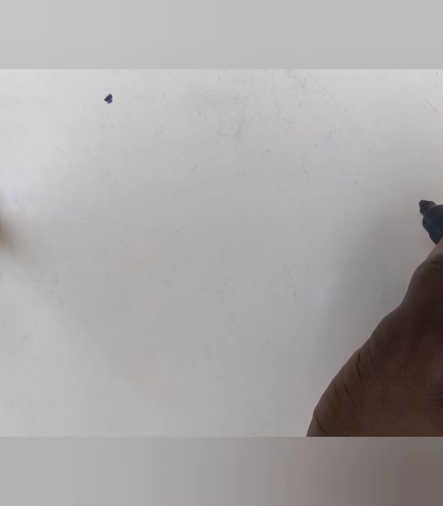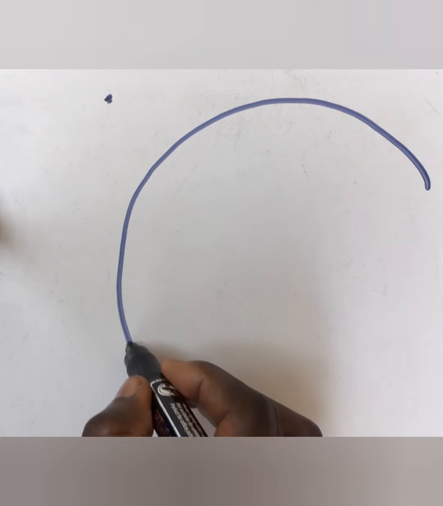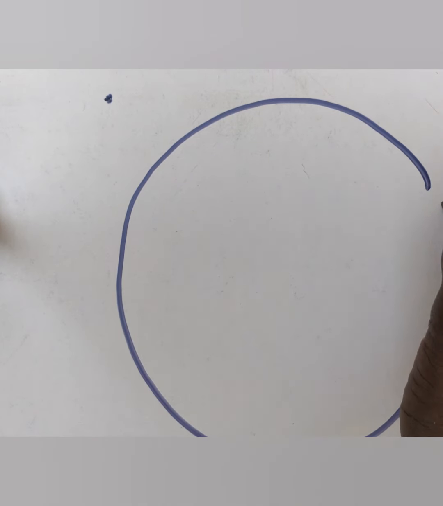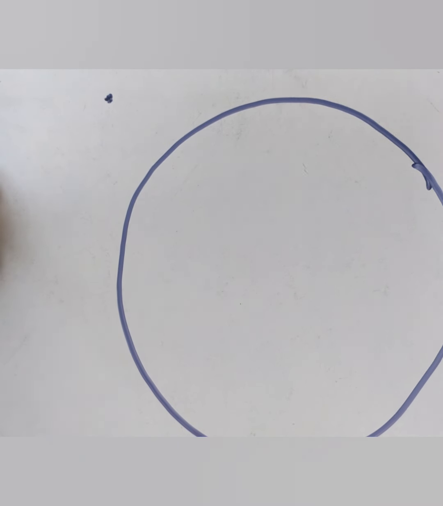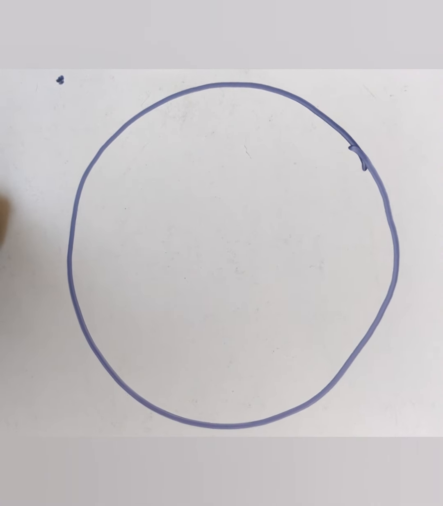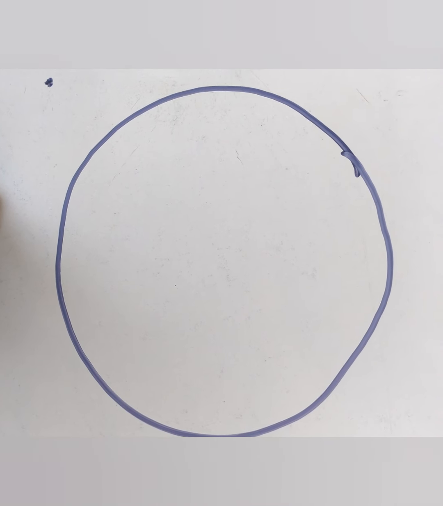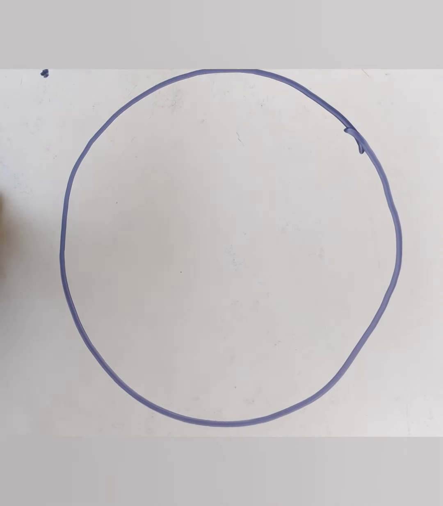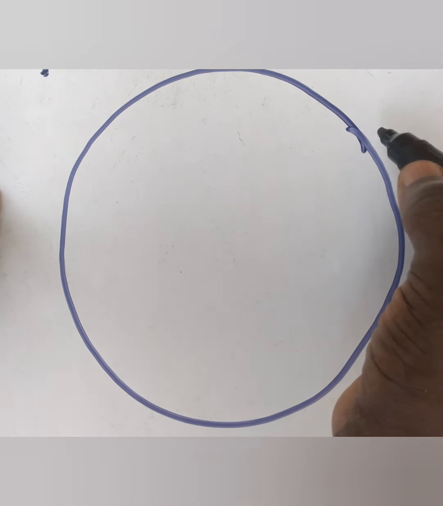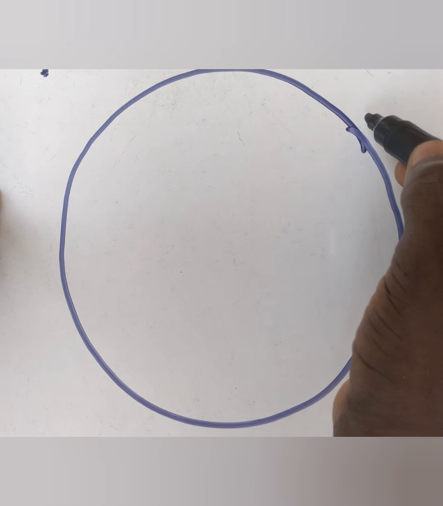Let's draw the diagram for another object that is performing circular motion. This is the diagram, such that this is the object. In this case, the object is here.